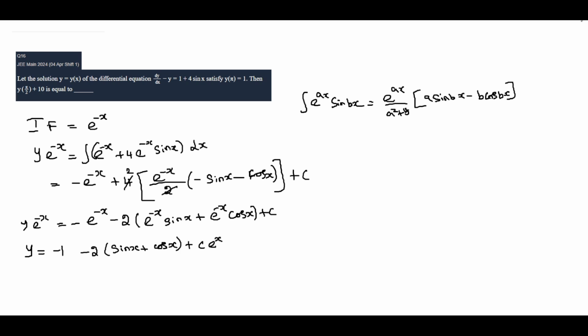Now using the condition y of pi equal to 1, which means 1 equal to minus 1 minus 2 into sin pi value 0, cos pi value is minus 1, plus c into e power pi.